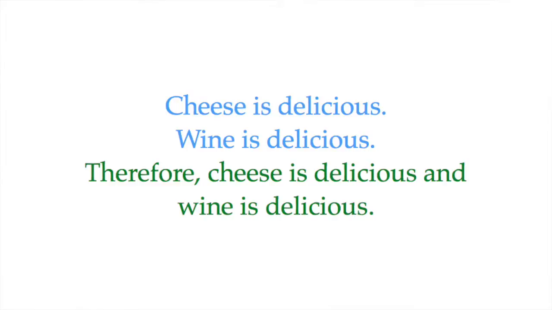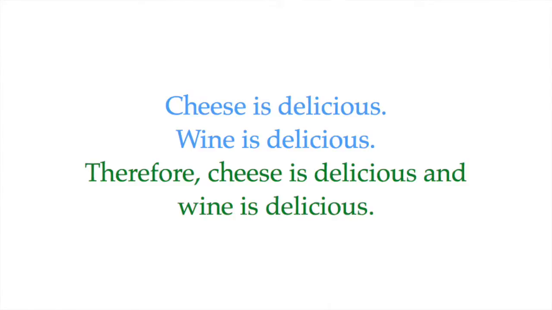And again, you can see that this is a valid argument, all right? If the conclusion is false, then at least one of the premises must be false, right? So suppose the conclusion were false. That would mean that either cheese was not delicious or that wine was not delicious.